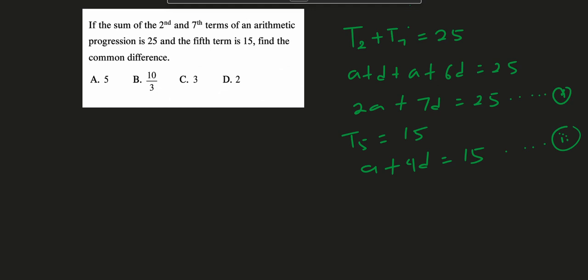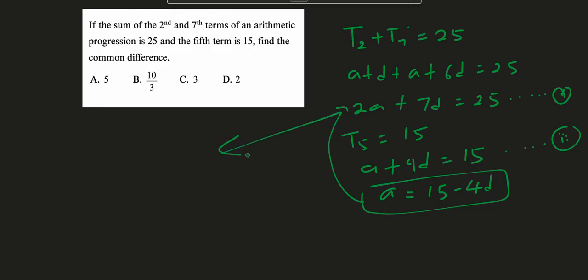So I would be substituting, and I can say a would be 15 minus 4d. So I can substitute the value of a into the first equation. Since a equals 15 minus 4d, I'll go back to this.